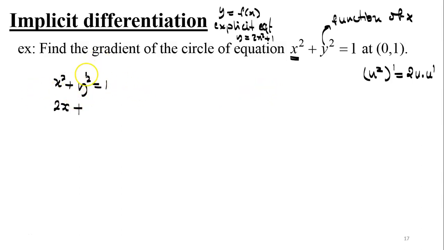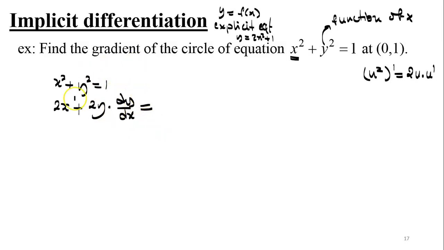So the derivative of y squared is 2y. And using the chain rule, we multiply by the derivative of that expression with respect to x. And the derivative of y is dy over dx, which is the derivative we're looking for.